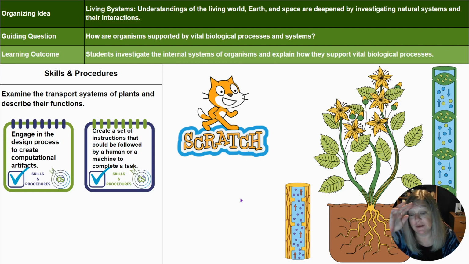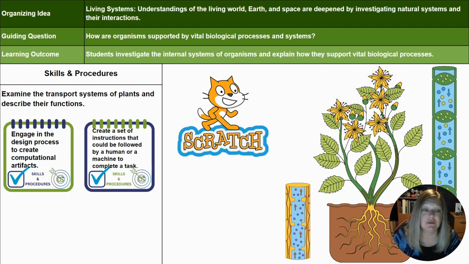For example, this is not a project that is created, but again, knowing the different transport systems of plants, these assets right here came out of Canva. So again, if your students have access, they could find these things in Canva, create those sprites, and then add in some animations and code to create some type of a game or an animation that talks about the transport systems of plants.